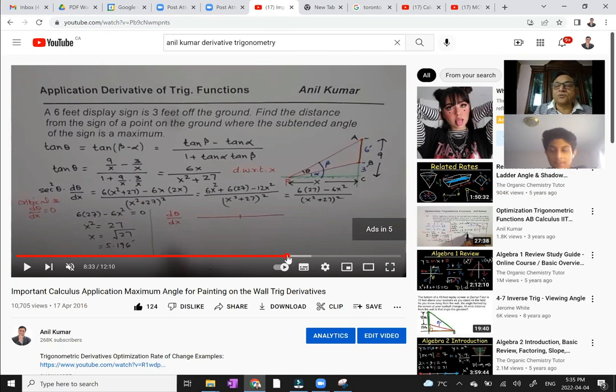I would like you to go through this video to understand how we get this equation. Once you get this equation, because we know the distance is 3 feet, and x is the distance horizontally away, you can relate all these tan values with respect to x, because tan is opposite over adjacent.